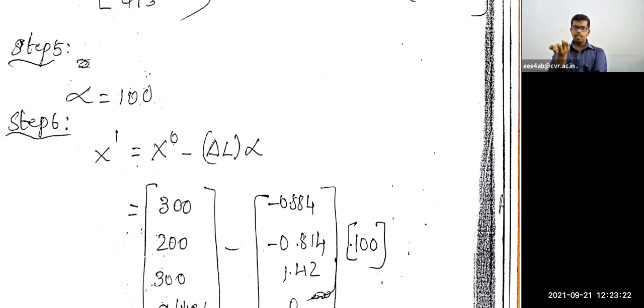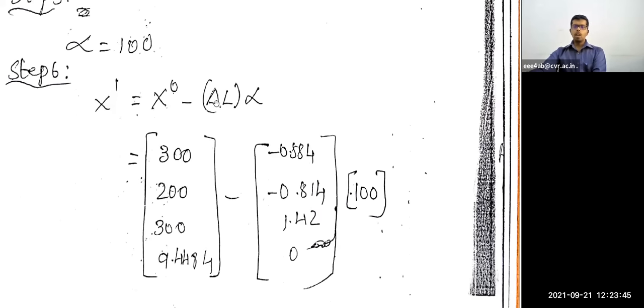You can consider whatever values you want, like 1000, 0.1, 10, 1. That convergence value, scaling factor also, you can consider and see how the answer varies. So in this problem, I have considered the alpha value as 100. Now I am substituting this alpha value 100 over here.